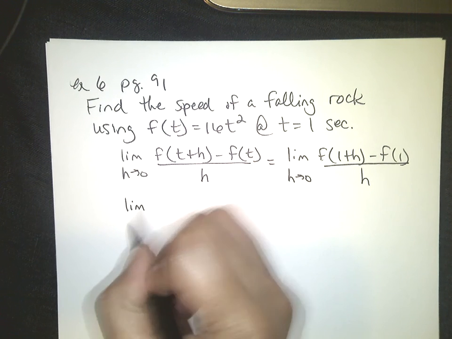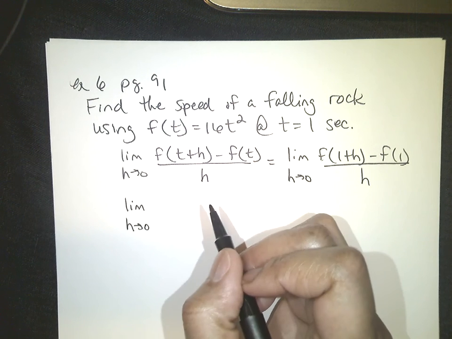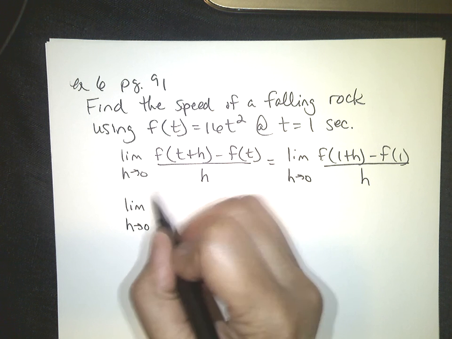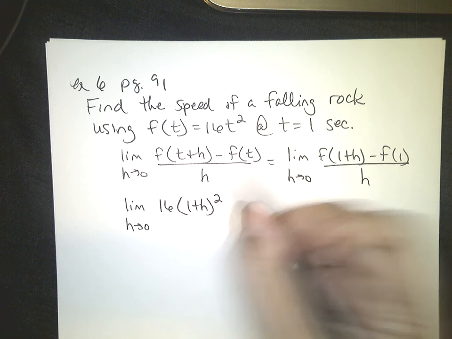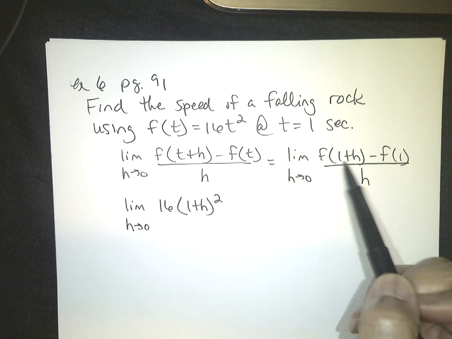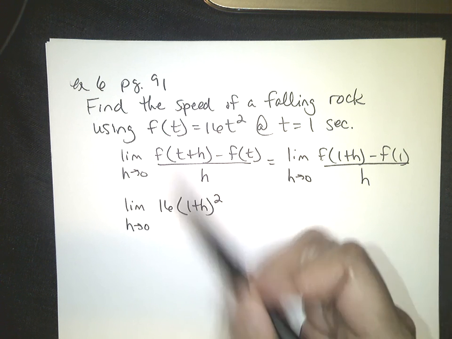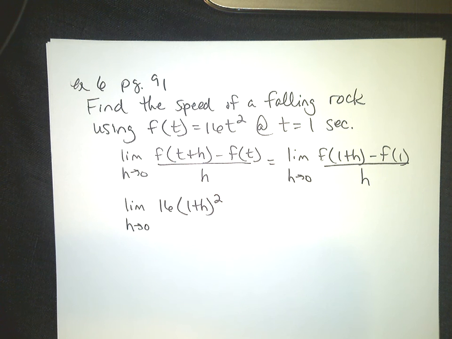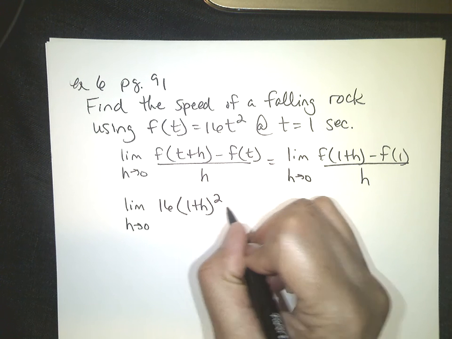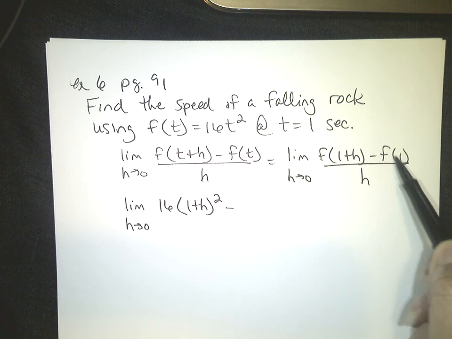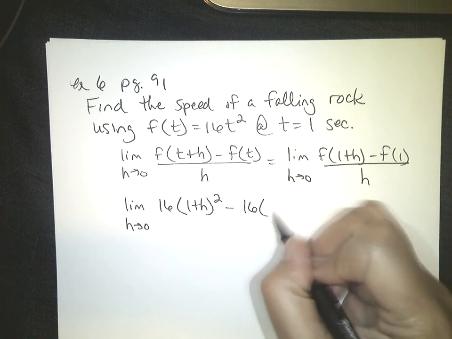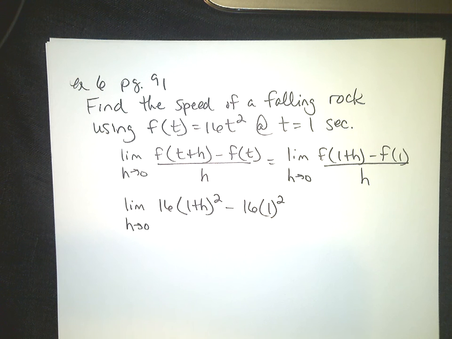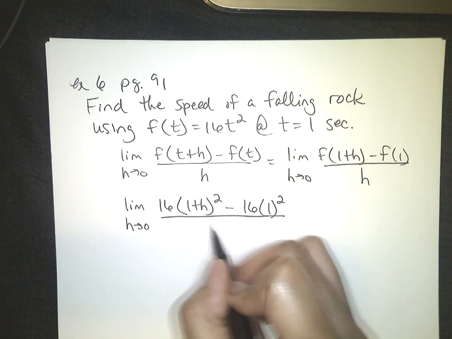So we have the limit as h approaches 0 of 16 times 1 plus h squared. So everywhere I saw t, I'm going to put 1 plus h. But you have to finish off the function. You have to put everything around or in front or in back of your t. Minus, now everywhere I see a t, I'm going to put a 1 in my function. So this would be 16 times 1 squared all over h.